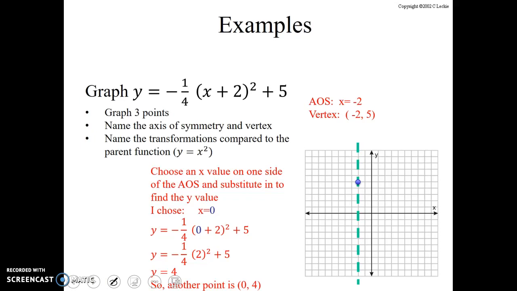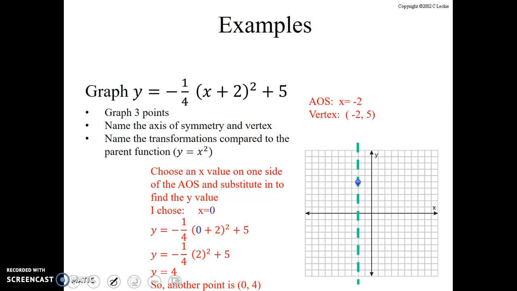Now, what you want to do for this is choose an x value that is on one side of the axis of symmetry and substitute it into the equation to find the y value. In this particular example, I chose x equals 0 because x equals 0 is on the right side of that axis of symmetry.